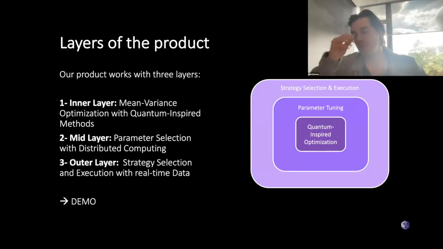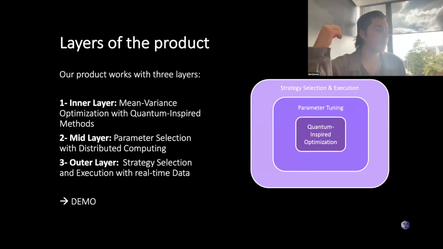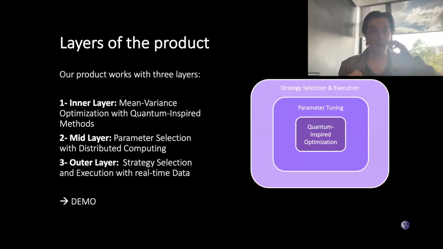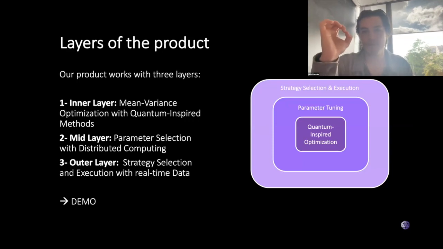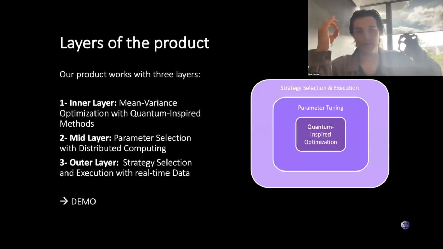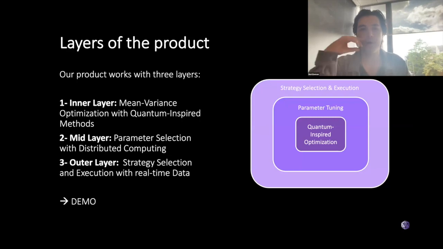So imagine a graph of assets. I'm going to give a very basic example. Your nodes are each asset's projected return for the future, and the edges are the correlation between those nodes. So the ratio of how much importance you want to give to the returns versus the covariance or the risk or the correlation, whatever risk matrix you're using, is a parameter that needs to be tuned.